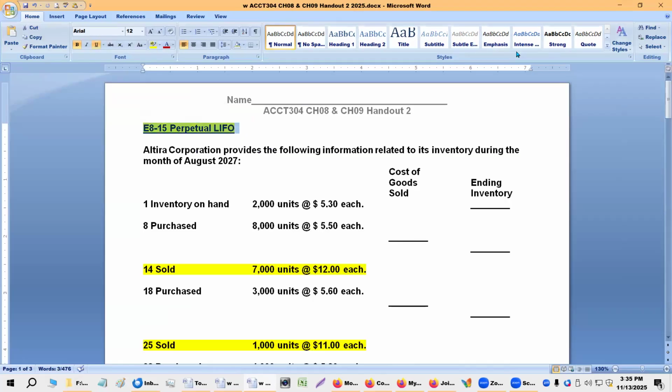And if you're wondering why the perpetual FIFO is bad, I'll tell you why. The first ones in are going to be the first ones out. It doesn't matter whether you're doing it at the end of the period or the beginning of the period.